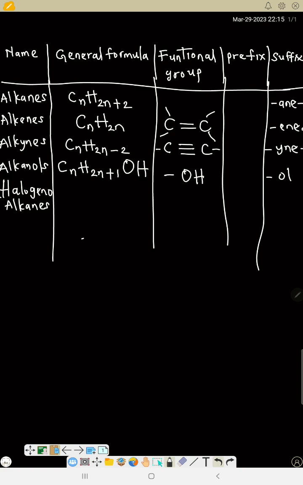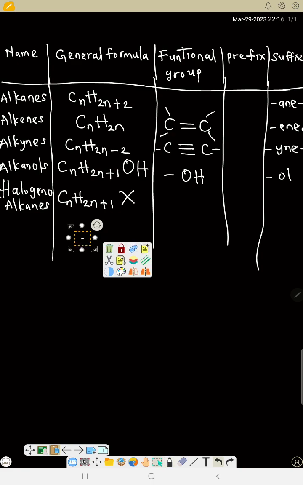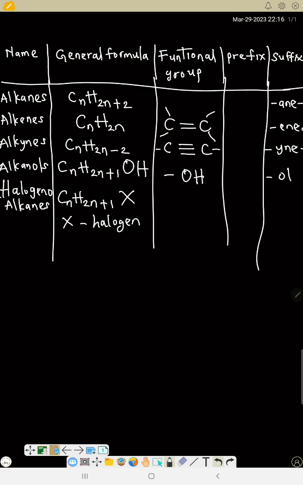For halogenoalkanes, the general formula is CnH2n plus 1 X, where X is halogens. Remember, the halogens are group 7.